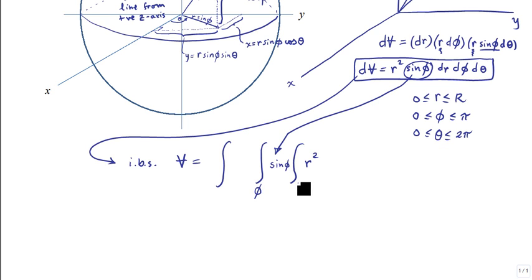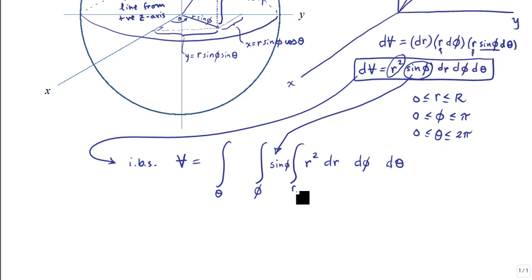Nested within the innermost integral, which is relative to r, is the r squared term, and we have here the radial differential term dr. We're going to perform this innermost one with respect to r first, then the integral with respect to phi, and lastly we will finish up with an integration relative to the sweeping xy plane angle theta.